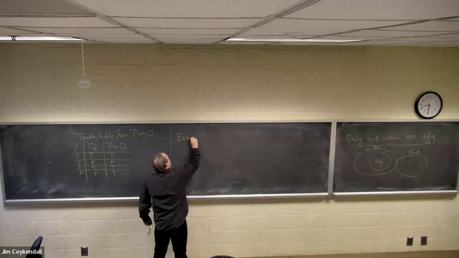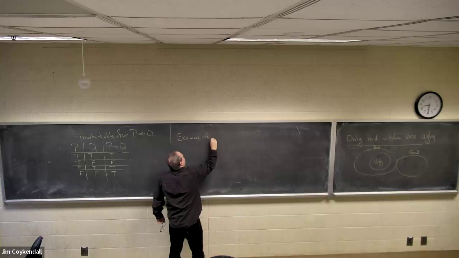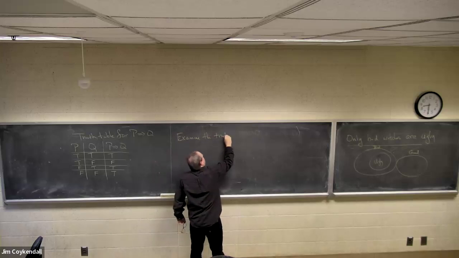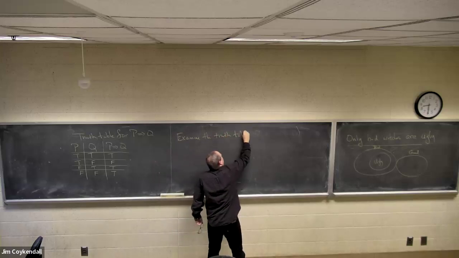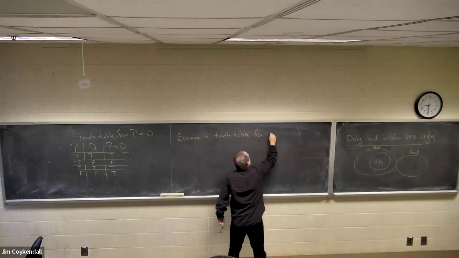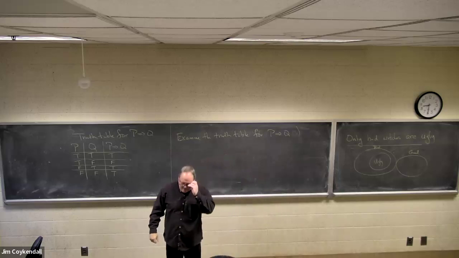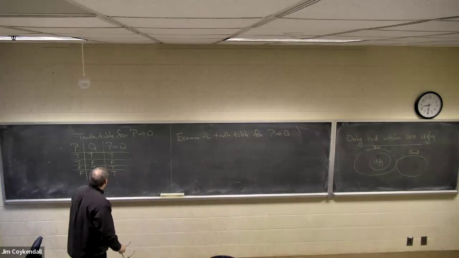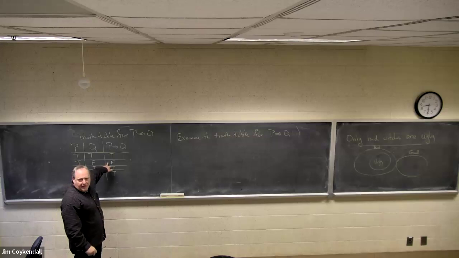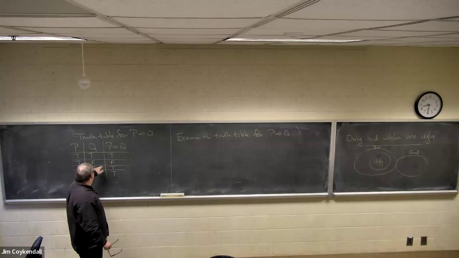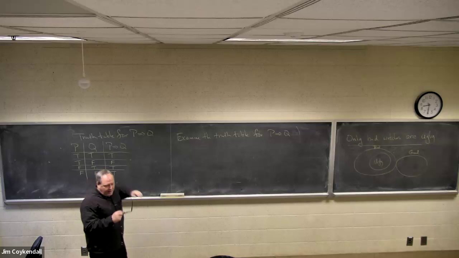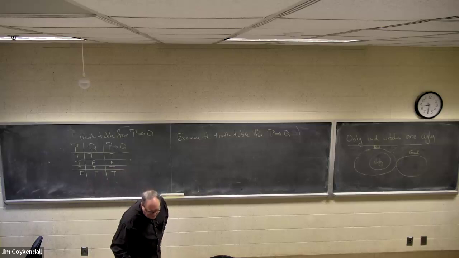Now notice that this is only false one time. Everybody agree? The only way that this is false is if P is true and Q is false. Everybody agree? So this actually gives us some leverage in the following sense.